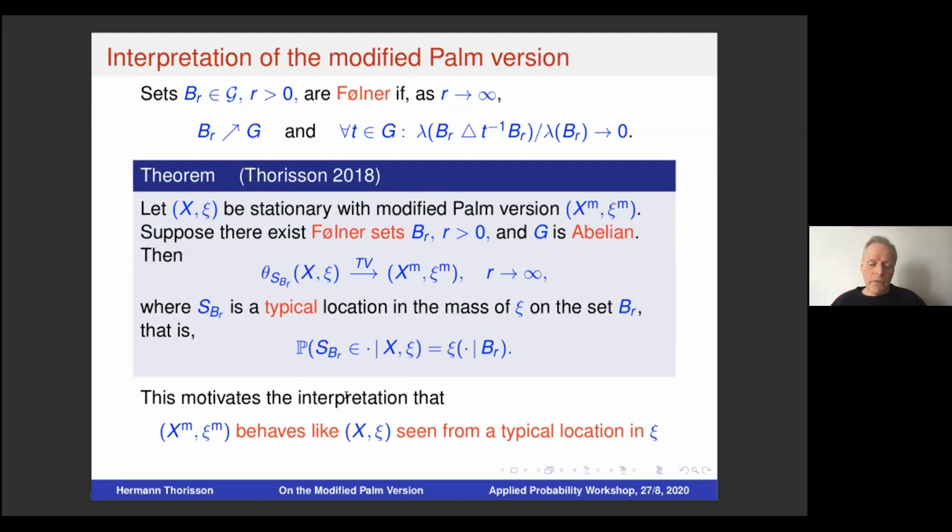So this motivates the interpretation that the modified version behaves like the stationary one seen from a typical location in the mass.